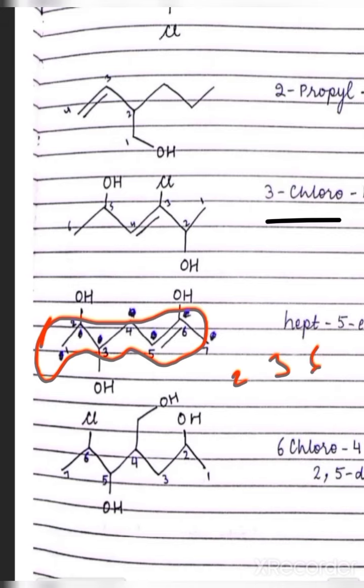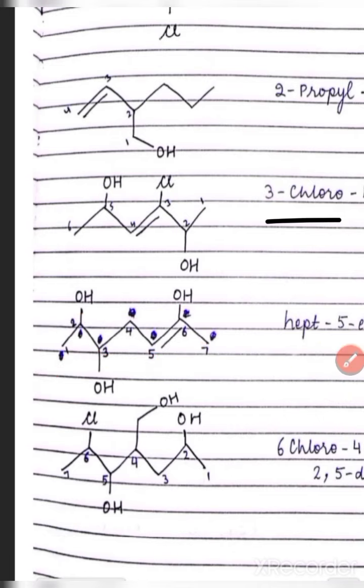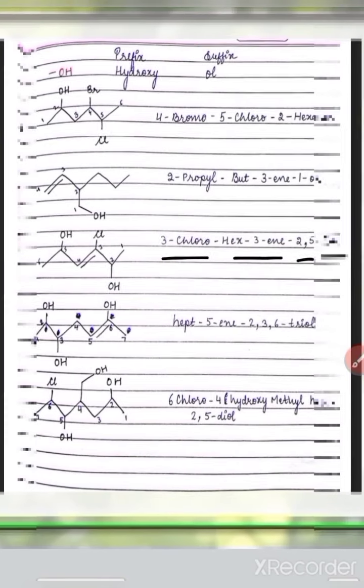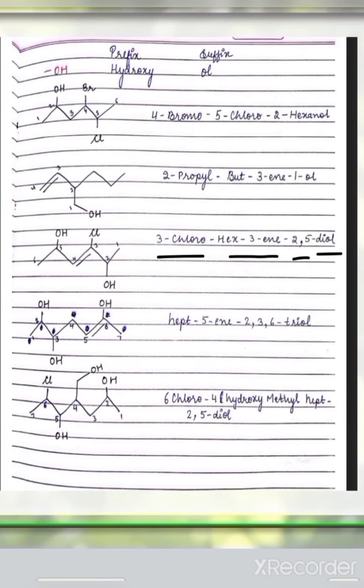While if I number it from right hand side, it's getting 2, 5 and 6 positions. So the numbering from the left hand side will be the correct one, and accordingly the name is written here. It's hept-5-ene-2,3,6-triol because there are 3 alcohol groups, so the word tri is used.